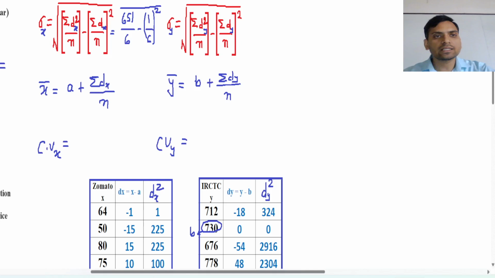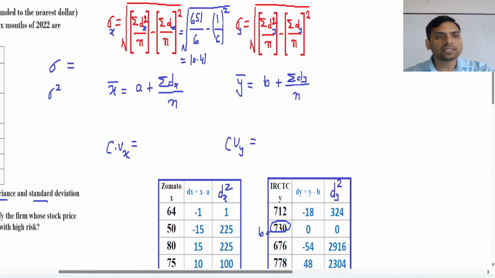Then you will get standard deviation. So for this case, standard deviation sigma x is 10.41, and for variance you can find its square. Sigma square becomes variance. So square of this 10.41 is considered as variance.